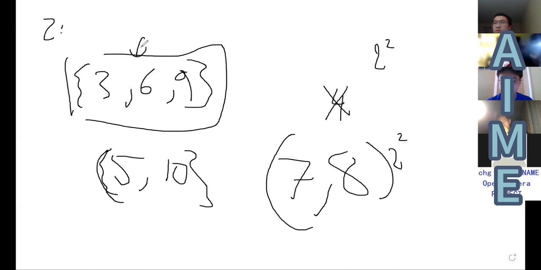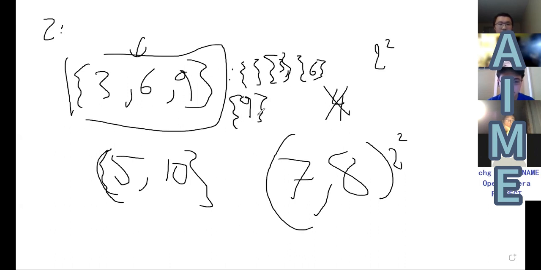All right, so for this, we can just count how many subsets work. So there's the empty subset. There's each one individually. I can't do this well. 3 can't pair up with anything, so the only other one is 6 and 9. So this gives us 5, I believe.